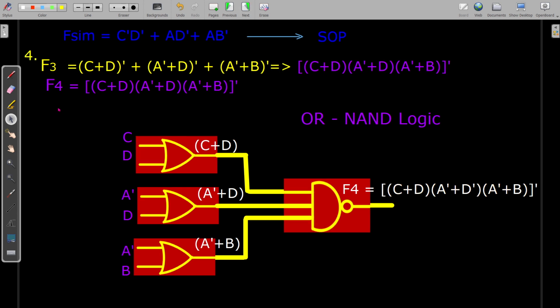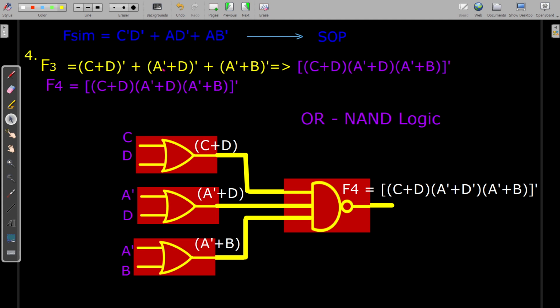We are moving on to the fourth logic, that is derived from this F3, the third logic, only. In the third logic we got this as (C plus D) the whole dash plus (A' plus D) the whole dash plus (A' plus B) the whole dash, right? So F3 was already derived from this SOP, isn't it? Now for this, again we are applying De Morgan's theorem. So for this C plus D, the complement is removed and this plus is changed to dot.